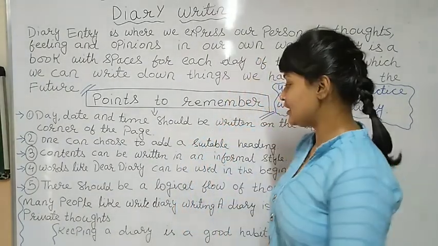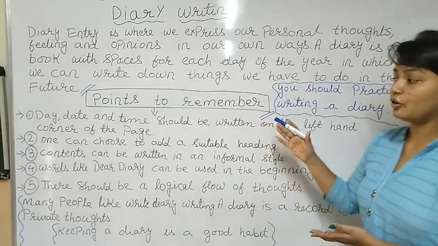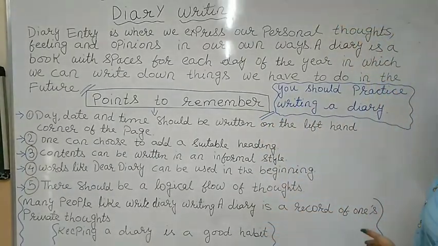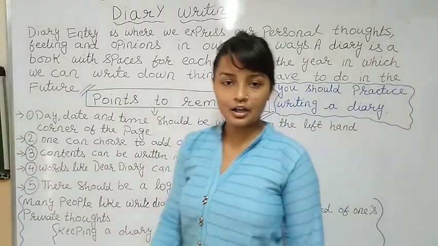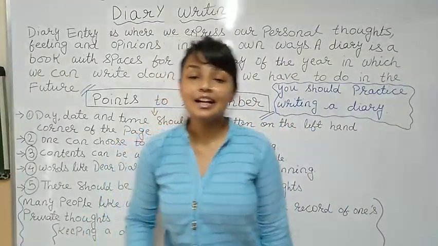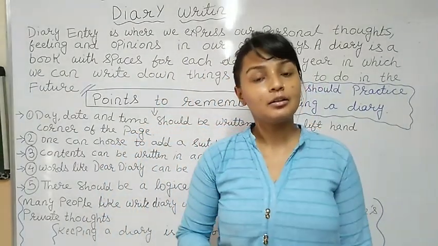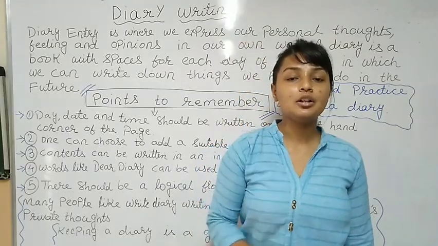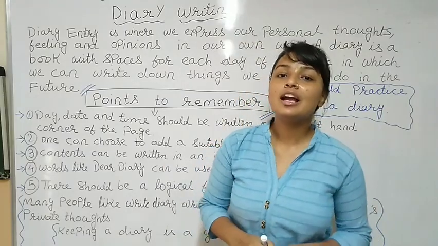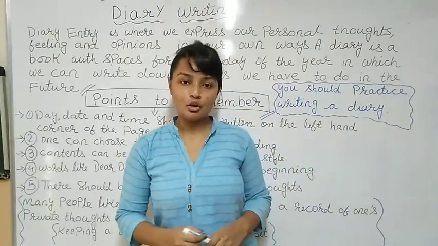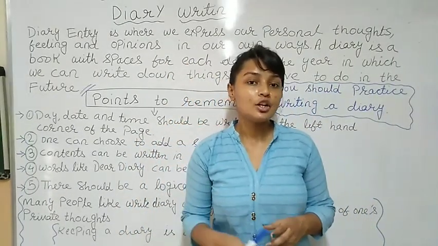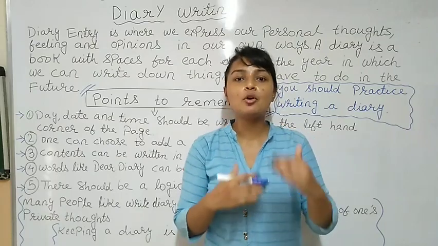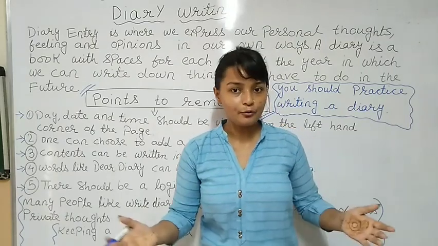You can see on the screen or on your blackboard right now this whole description that I have to explain to you. This whole part I will explain. Then afterwards I will make you write one small example and one big example also. Because the children who are watching it for the first time should start from the small part of diary writing, obviously.